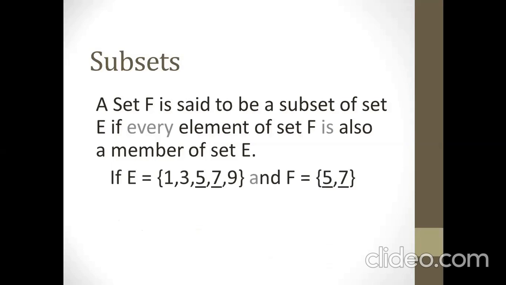Consider E with the elements 1, 3, 5, 7, 9, and F with 5, 7. As we can see, 5 and 7 are part of set E, meaning set F is completely present in set E.